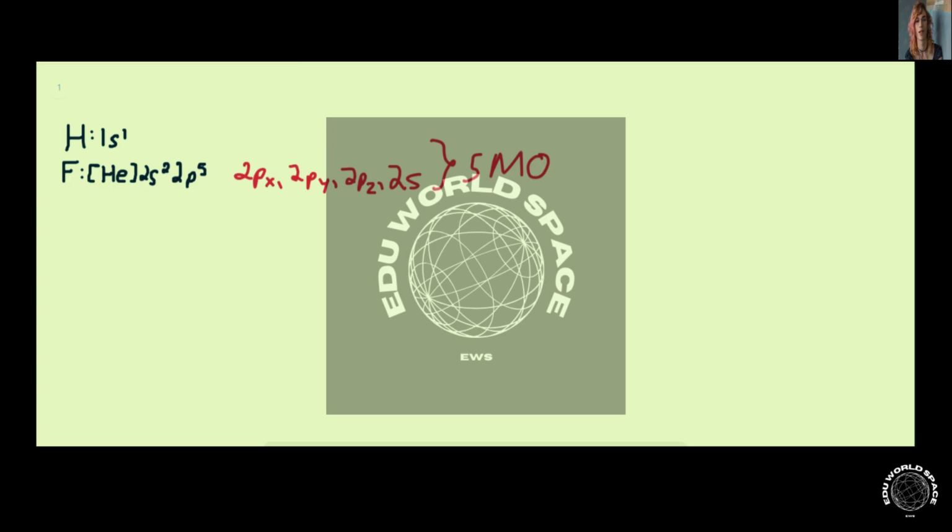Draw pictures showing the different orientation patterns of the 2p orbitals on fluorine interacting with a 1s orbital on hydrogen.